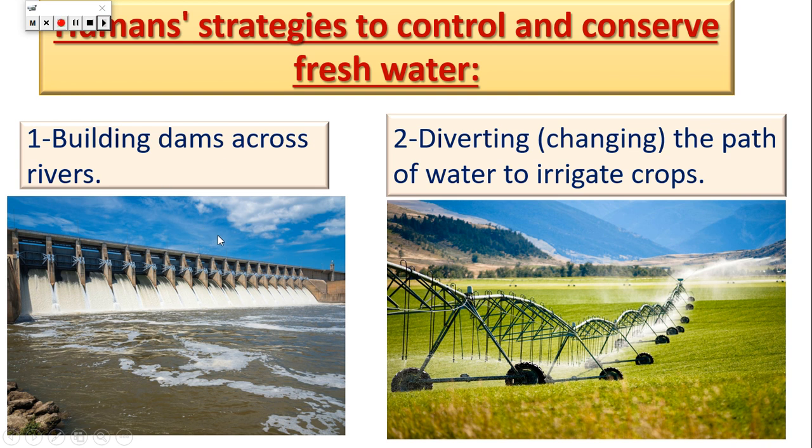As we know, the river makes something which is called flooding. When the amount of water increases inside the river due to the huge amount of rainfall, flooding happens. Okay, so we build the dams to get benefit from this water. When the flooding happens, the water goes to the land and the water is wasted.